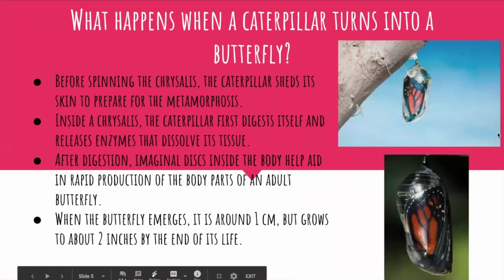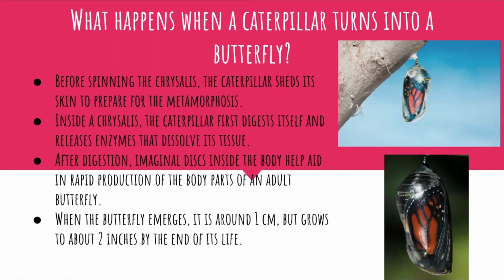What happens when a caterpillar turns into a butterfly? Before spinning the chrysalis, the caterpillar sheds its skin to prepare for the metamorphosis. Metamorphosis is the process of transformation between an immature and an adult form in 2 distinct stages. Inside a chrysalis, the caterpillar first digests itself and releases enzymes that dissolve its tissue.